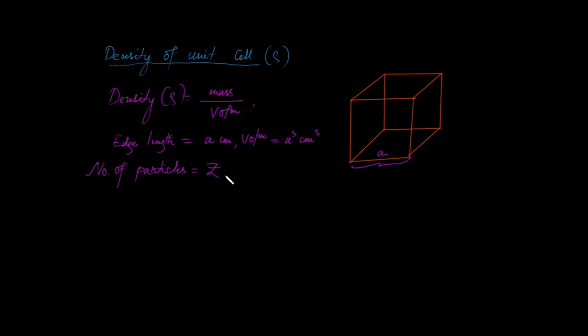Next, the atomic mass, the atomic mass in grams, is denoted by A grams. Next, Avogadro's number is denoted by N A, which is 6.022 into 10 to the power 23.